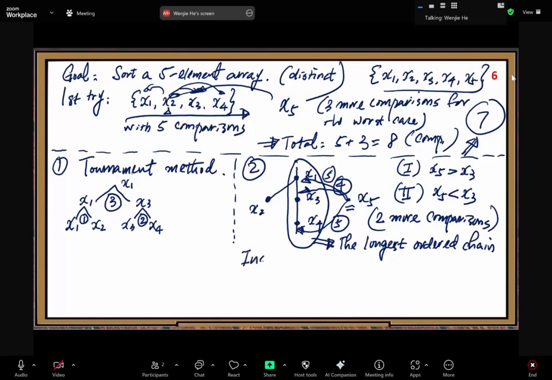The goal of the second round is to insert x5 into the longest ordered chain. The result: 2 more comparisons.